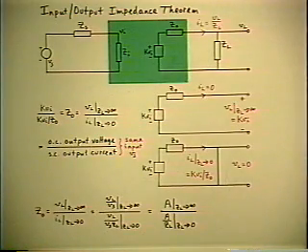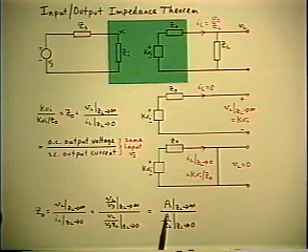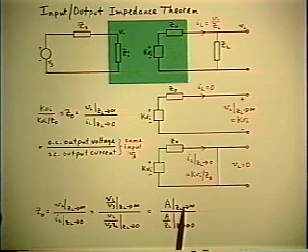So, since you already know what the voltage gain is, to find the output impedance, all you have to do is take these two simple limits.